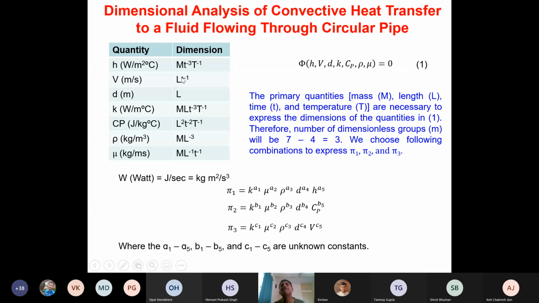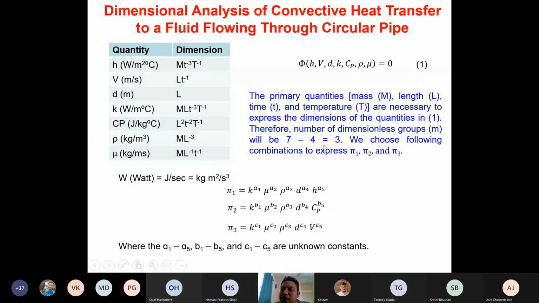Even though there are 7 primary quantities possible, mass, length, temperature, time, then mole, ampere, that is the current, and then luminous intensity, the unit of which is candela, all these are the fundamental primary quantities, out of which only 4 are required in this case.